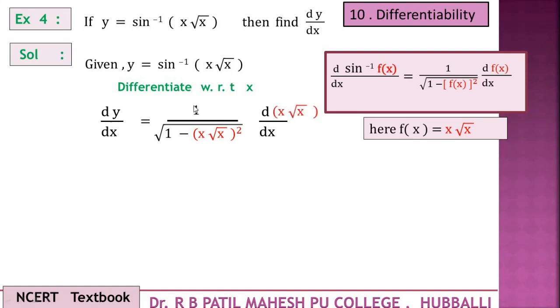So in the next step we simplify this term and we have to write the derivative of this x root x. The derivative of x root x we can differentiate in two ways. One is using the product rule, otherwise we can simplify this. X root x we can simplify because we can use laws of indices here, like x raised to 1 it is, and this is x raised to half.